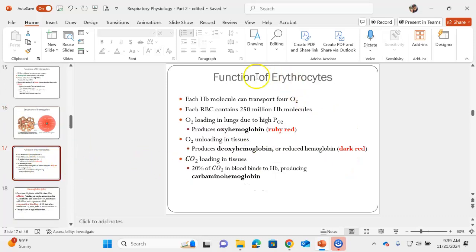Okay, real quick, some terminology here. So we already mentioned this. Each hemoglobin molecule can transport up to four oxygen molecules. A single red blood cell, we're looking at roughly 250 million hemoglobin molecules. So that literally means that the oxygen carrying capacity for a single red blood cell is a billion with a B, oxygen molecules. So that is pretty dang cool, I think.